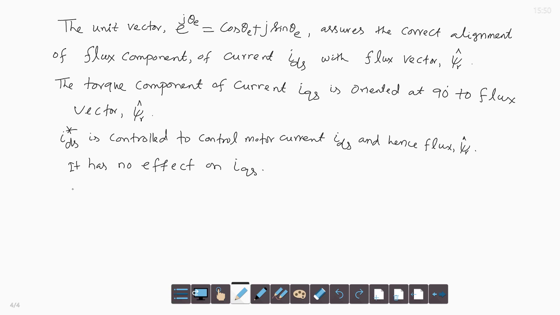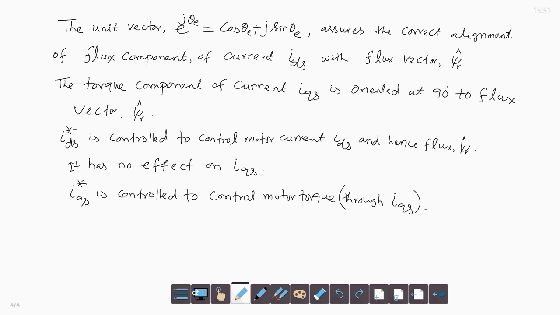So, IQS star is controlled to control the motor torque through IQS.